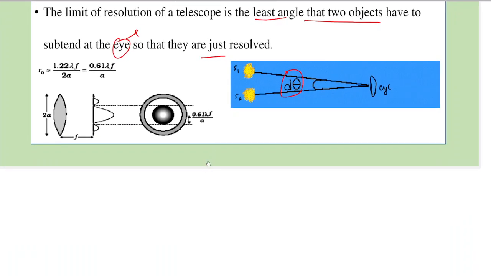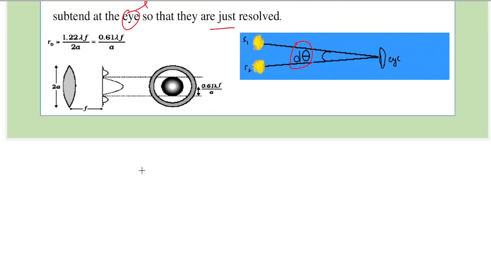Let's take a case where we have an optical instrument, say a telescope in this case, and then imagine light coming from a very far away source. Let us take only one source, for example, think of a far away star. Since light falls on this lens, light would diffract.